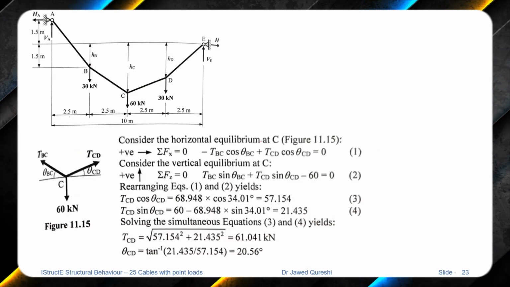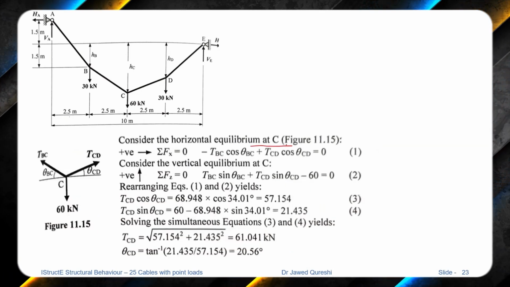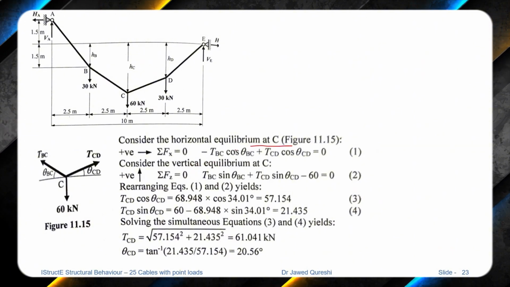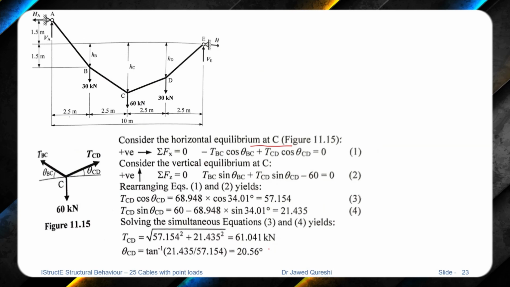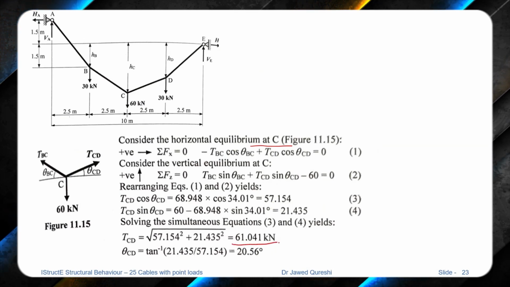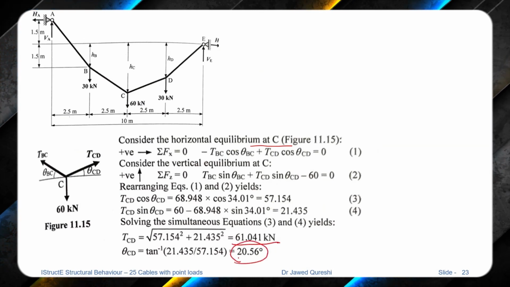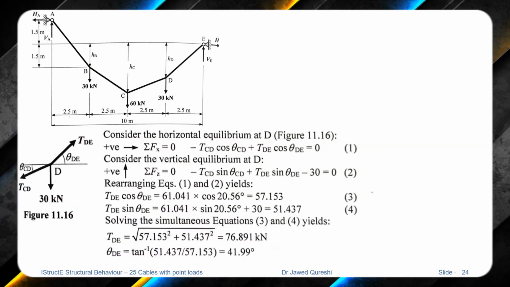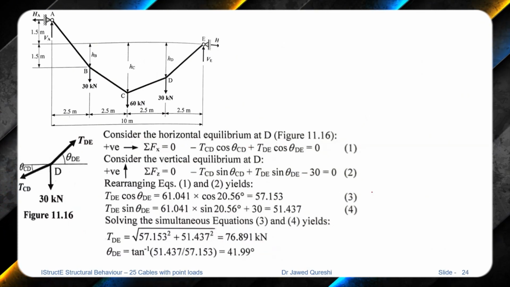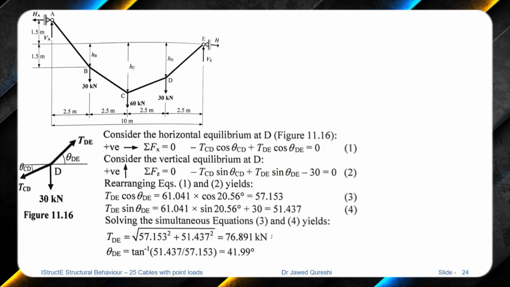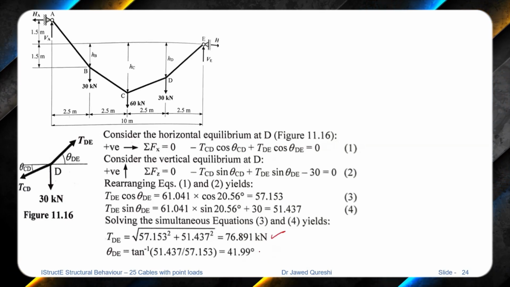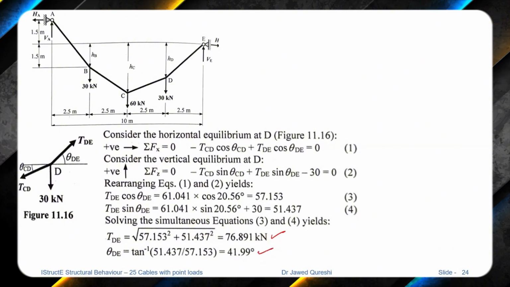Similarly we move to joint C and apply horizontal and vertical equilibrium, rearrange the equations, apply the same process, and work out TCD and the angle as well. Using the same logic at point D, it's repetitive, we establish TDE and theta DE.